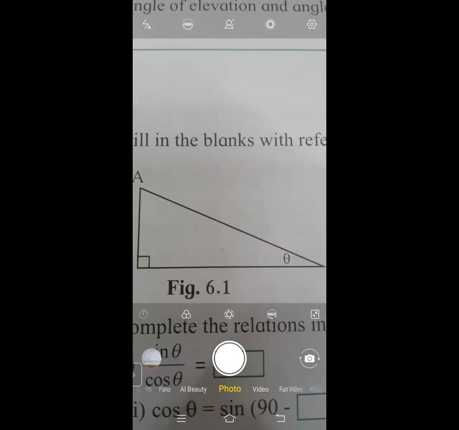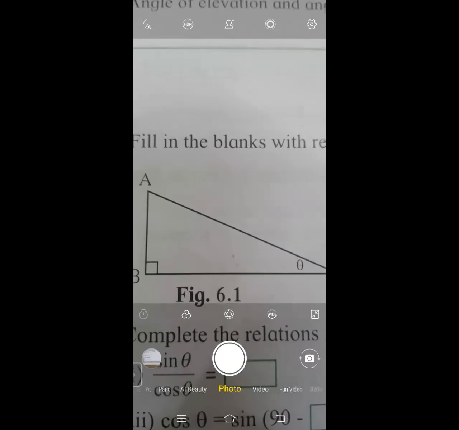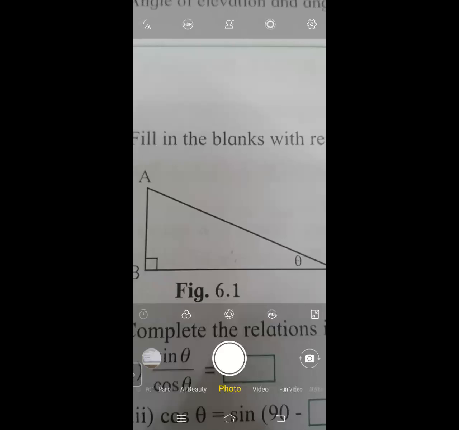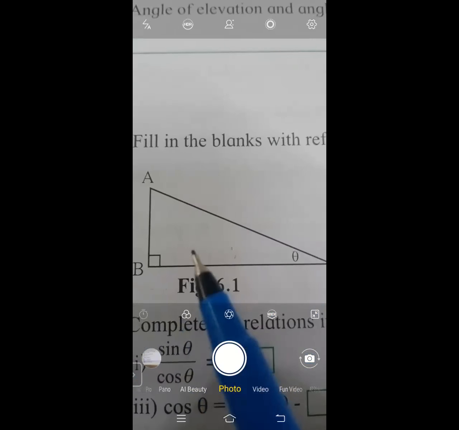The side opposite to 90 degree is the hypotenuse. It will form as the opposite side and the remaining side will form its adjacent.